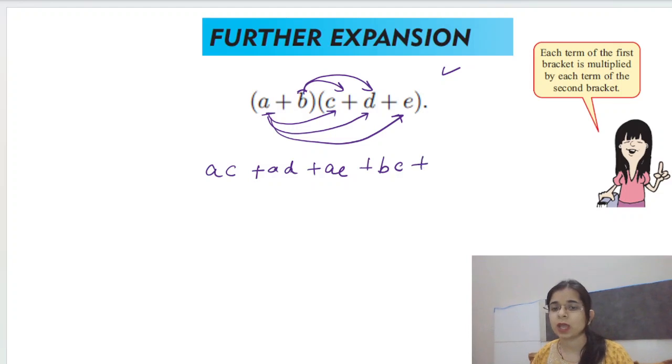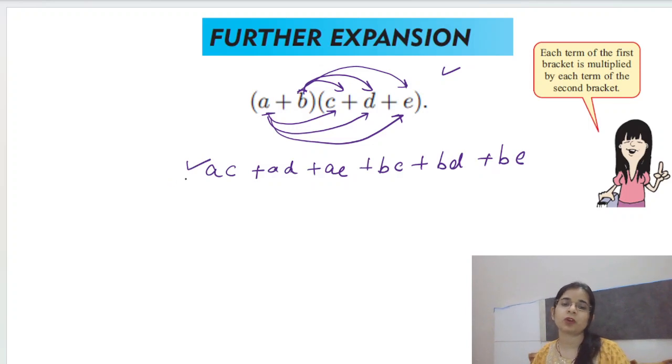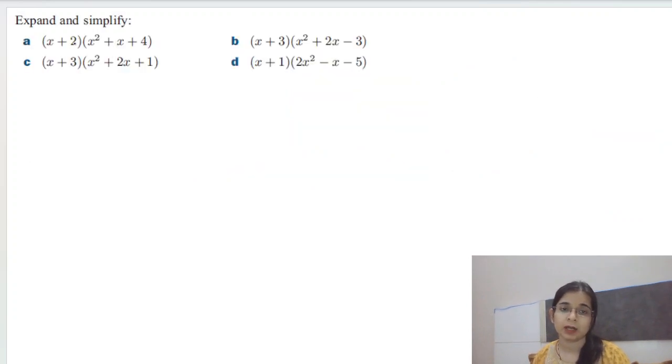B into C, BD and then BE. So whenever you see this type of question, don't worry. It's again the very first thing we have learned in this class, which is the distributive law. Just take each term of the first bracket and apply the distributive law. As simple as that. Now using that, we are going to solve one question for you.